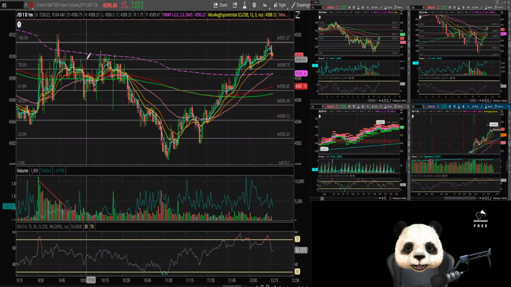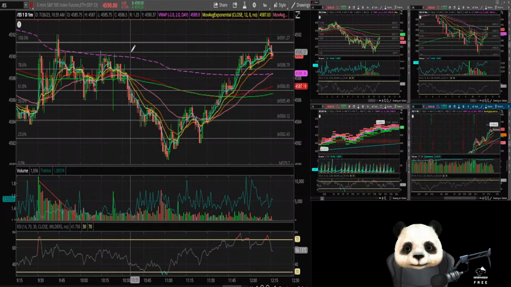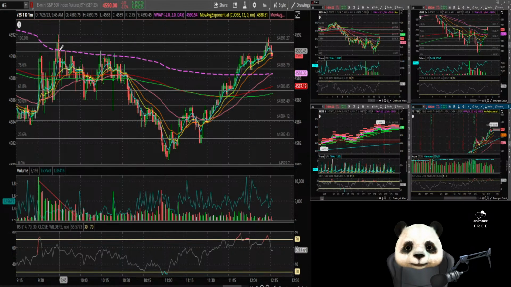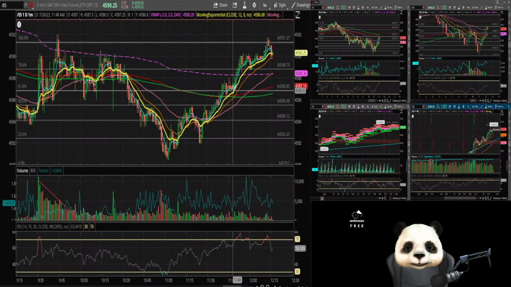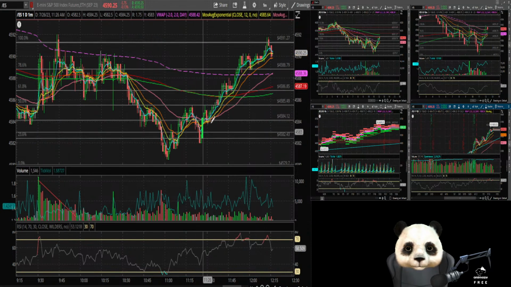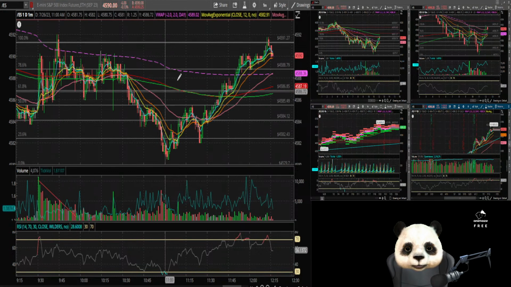When you mention concepts, what are you talking about? Confirmation signals can be anything from staying above certain EMAs that I like. Once we get a direction, staying above certain EMAs can be one.